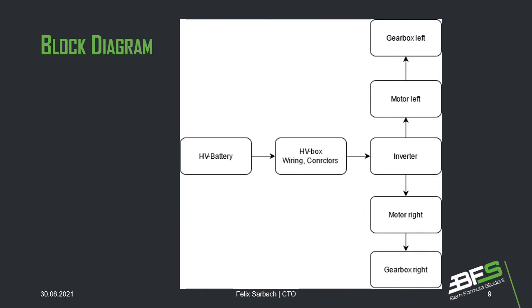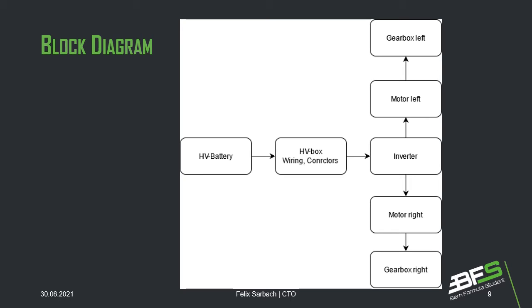Now to the efficiencies. The whole energy starts in the high voltage battery, where it goes to the high voltage box. The high voltage box in this case can also be used to simplify the schematic, wiring and connectors. Afterwards, it goes to the inverter, which splits it up for the motor left and right, and each individual gearbox.